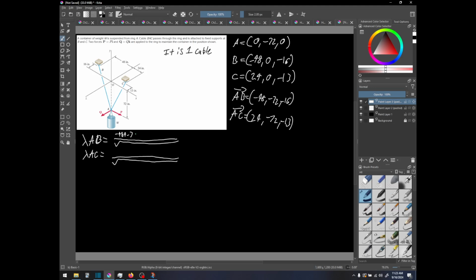So 72 j hat, and then this is going to be minus 16 k hat. And then the bottom is just going to be these numbers on the inside squared plus, that's it, just like put a plus in between.